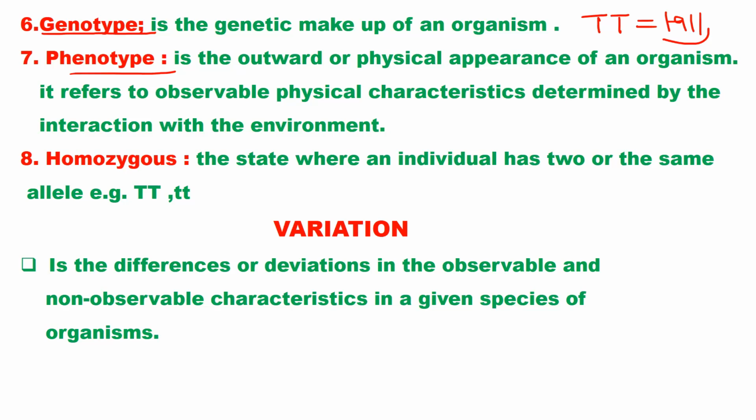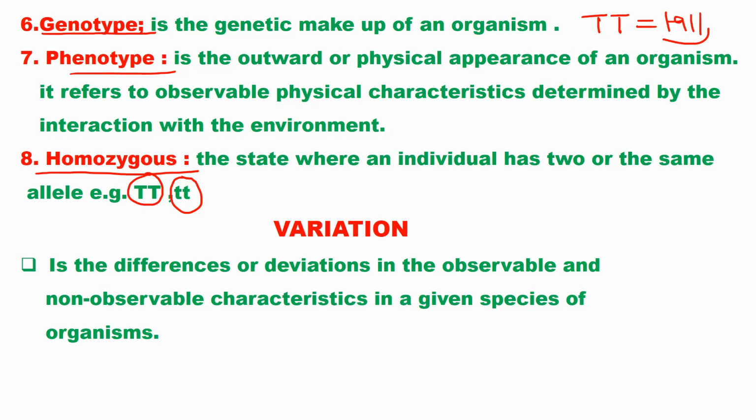Now, what about the homozygous? So these alleles that we've discussed can be homozygous or heterozygous. So now, homozygous. It means the alleles of the certain characteristics are the same, can be dominant or recessive.